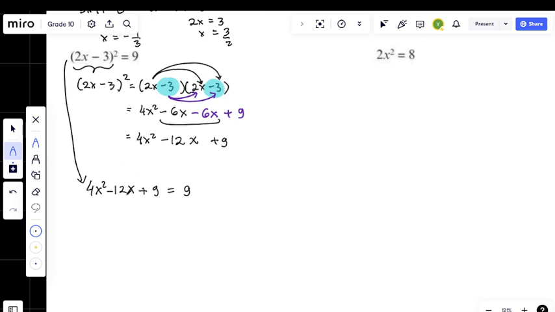Ya, karena ini persamaan kuadrat, berarti kita perlu memindahkan semua yang di kanan ke sebelah kiri. Ya, plus 9 dipindah jadi min 9. Nah, so the expressions now becomes like this.